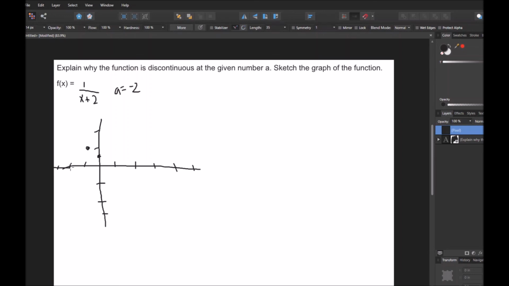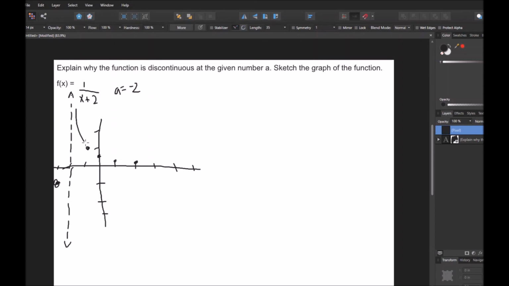At x equals -2, however, it would be 1 over 0, undefined. In other words, a vertical asymptote right there. And then over here, at x equals -3, y would be -1. Then if we continue over here, at x equals 1, 1 plus 2 is 3, so we'd have 1/3, and it would continue going on like this.